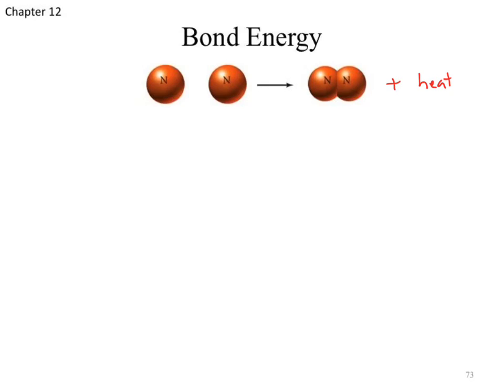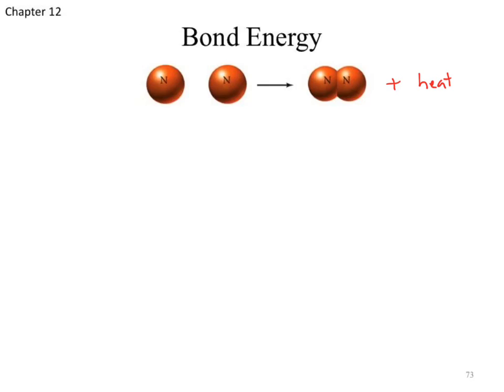Why on the product side? If my product is lower in energy, where did all that energy go? As heat. It was released. It's no longer in the chemical bond. So I would get a release of heat. If I put it on the other side of the equation, I'm saying I have to add heat to get those to form a bond. Right?